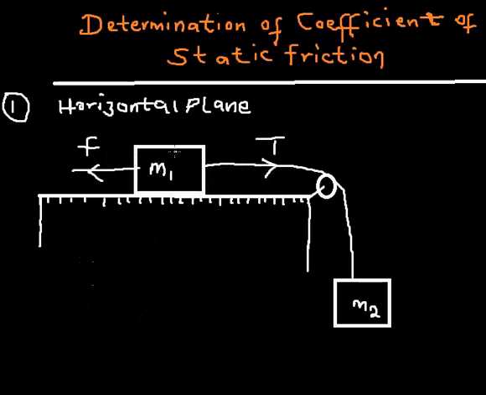The net force on mass M1 is equal to the tension minus the frictional force F, and we know that is equal to 0. What is bringing about the tension is the weight of the mass M2. So tension is going to be the weight of M2, that's M2g.